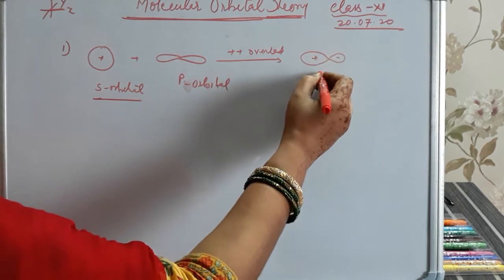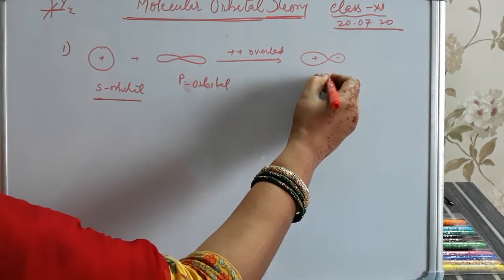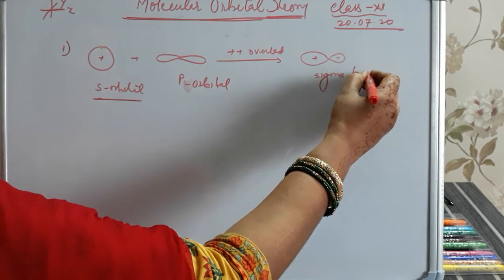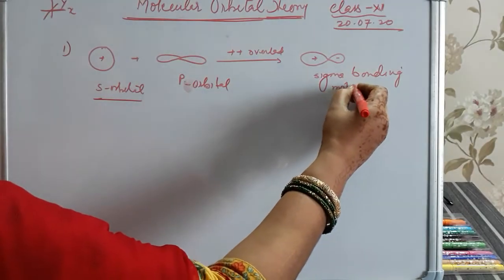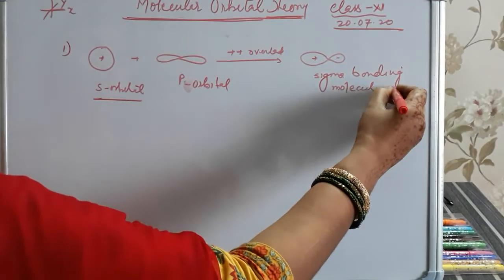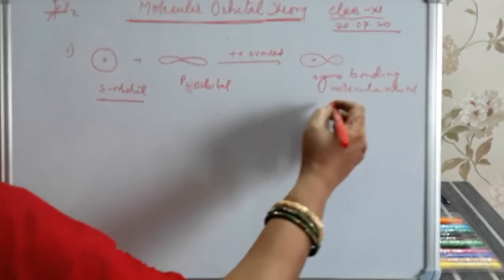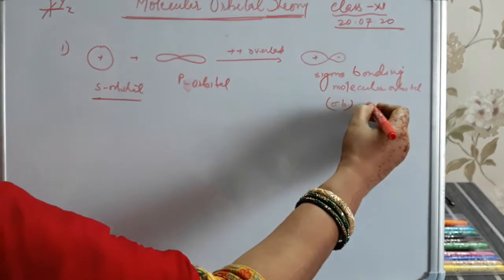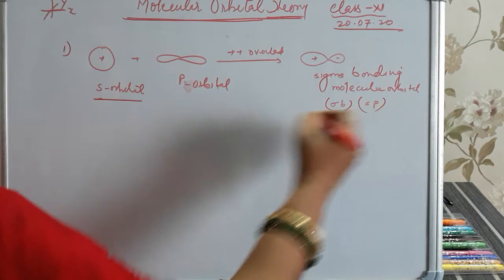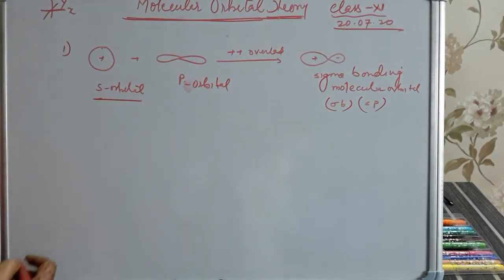This is called the sigma bonding molecular orbital, and it is represented by sigma bonding, in which one s and one p atomic orbital are involved.